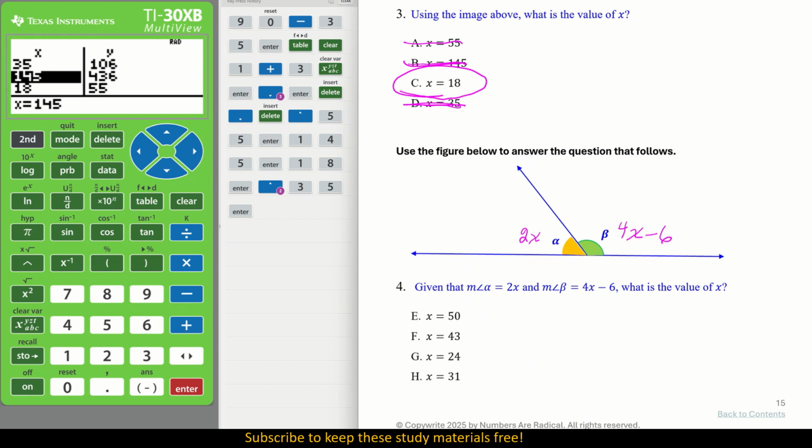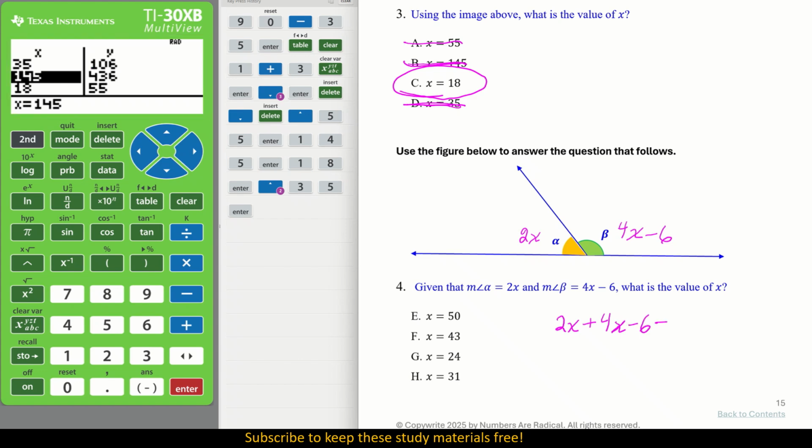Well, here is our supplementary. So we add those two adjacent angles together and they equal 180. So 2x plus, and I don't need parentheses because I have a plus, so it won't change what I have. You could add parentheses for safety's sake. Think about positives and negatives, it won't change anything.